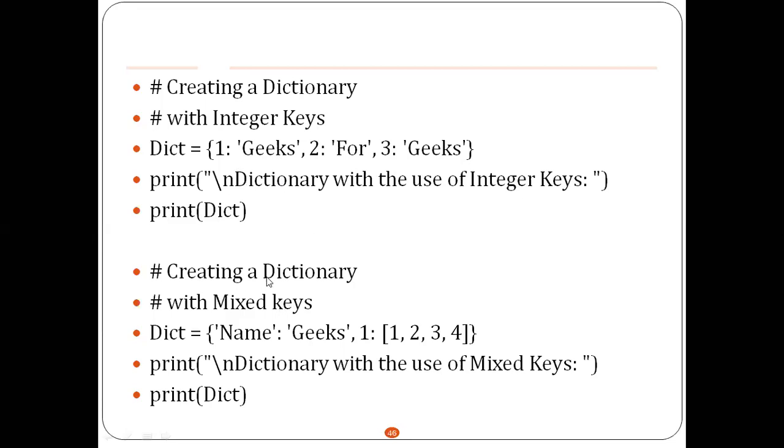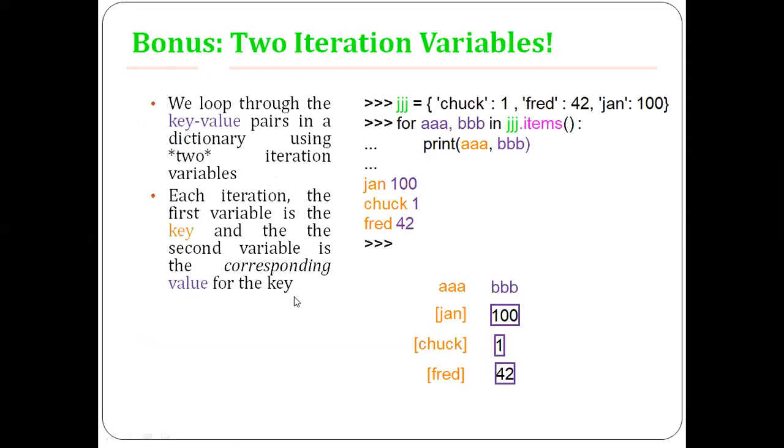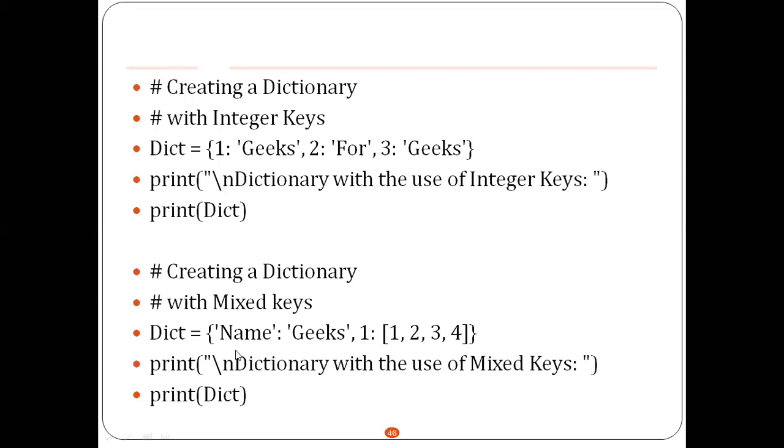And how do we create a dictionary with mixed keys? Here all the keys are integer type: one, two, three. I want to create a dictionary with mixed keys, so it must be a combination of strings as well as integers. So the dictionary is equal to name, and its value is gigs.